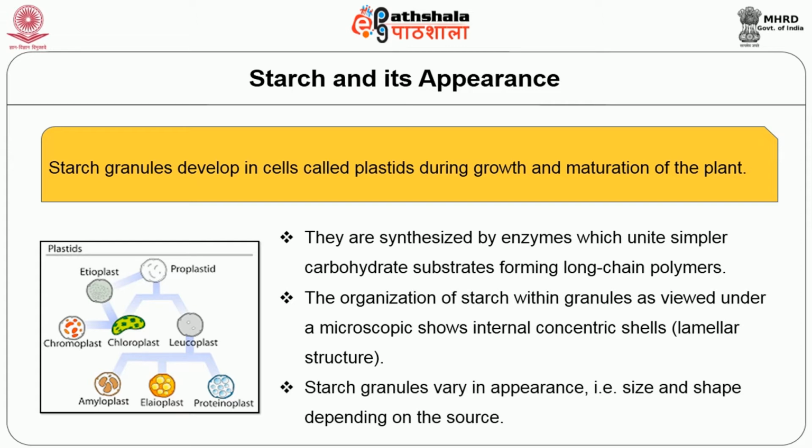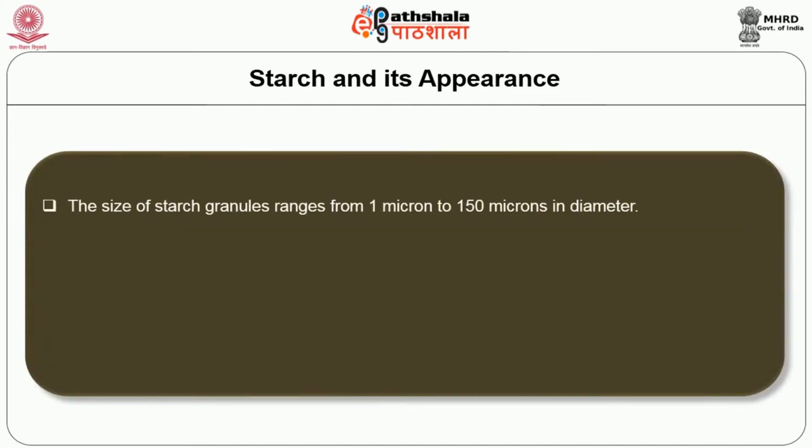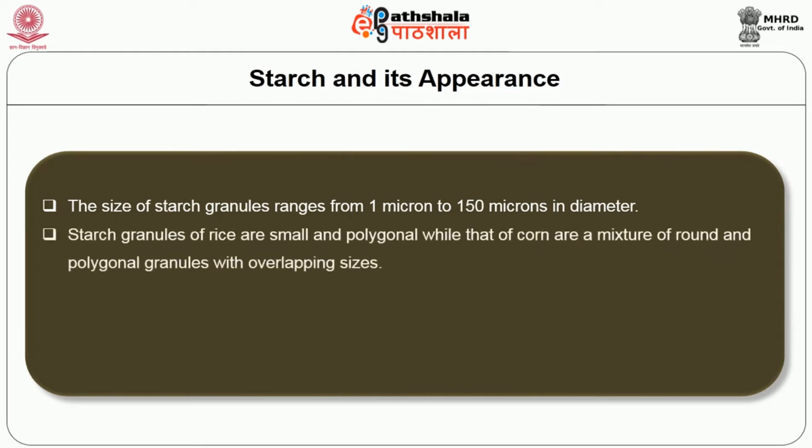Starch granules vary in appearance, that is size and shape, depending upon the source of starch. The size of starch granules ranges from 1 micron to 150 microns in diameter. Starch granules of rice are small and polygonal, while those of corn are a mixture of round and polygonal granules with overlapping sizes.